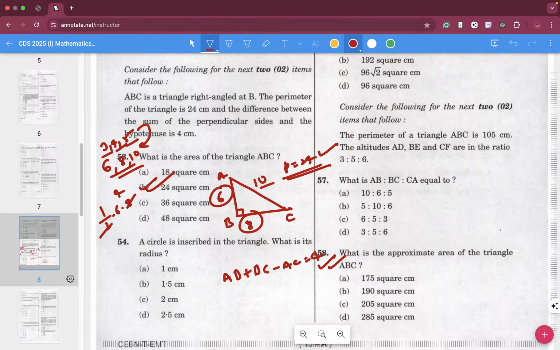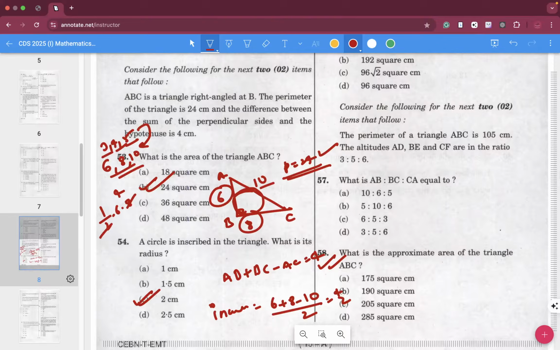Okay, so this is the area, and this is the circle inscribed in the triangle over here, right? If a circle is inscribed in a right angle triangle, the inradius is given as the sum of the perpendicular sides minus the hypotenuse divided by 2, which means 4 by 2, which means 2 over here is the correct answer, folks.